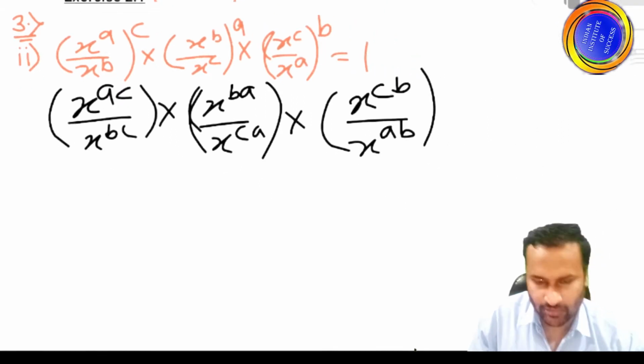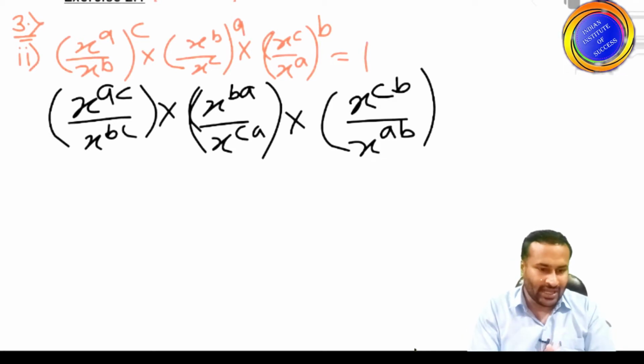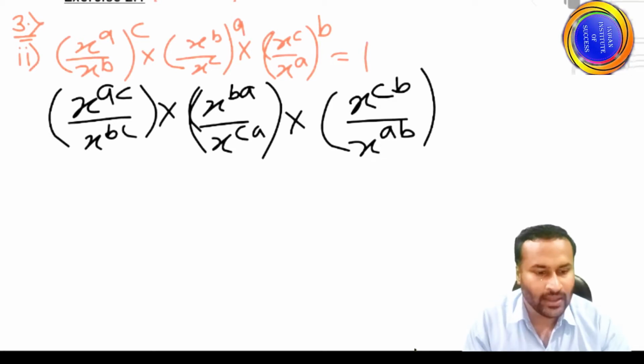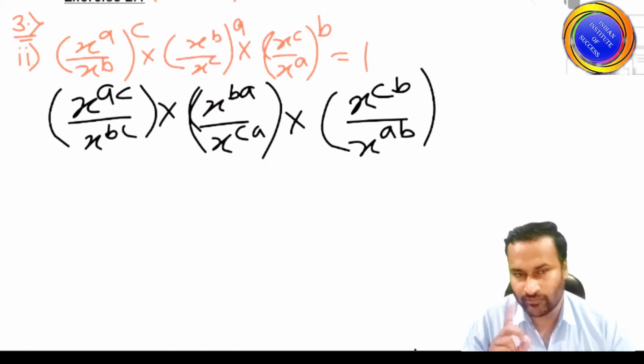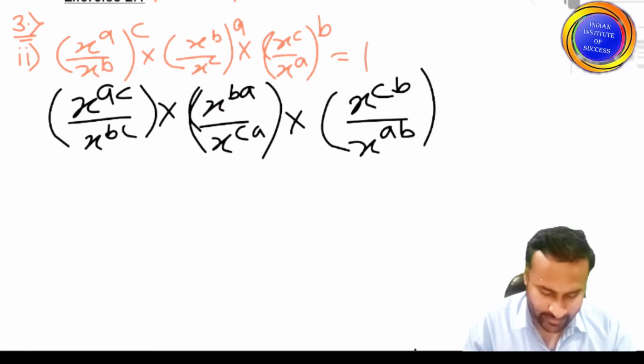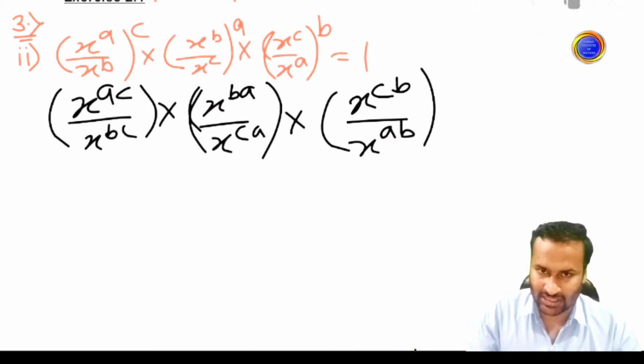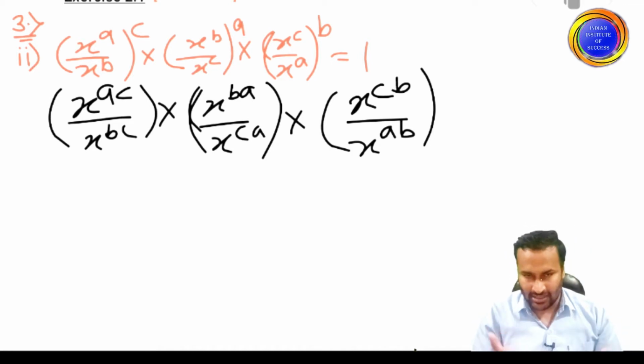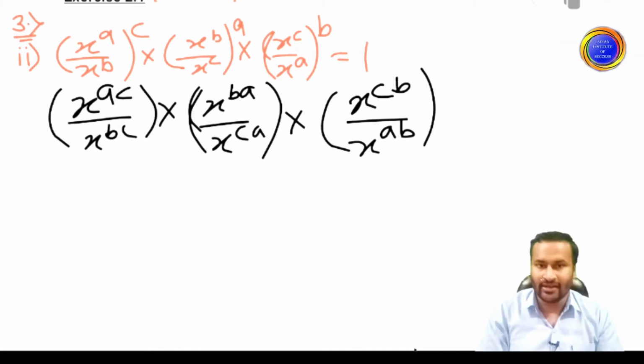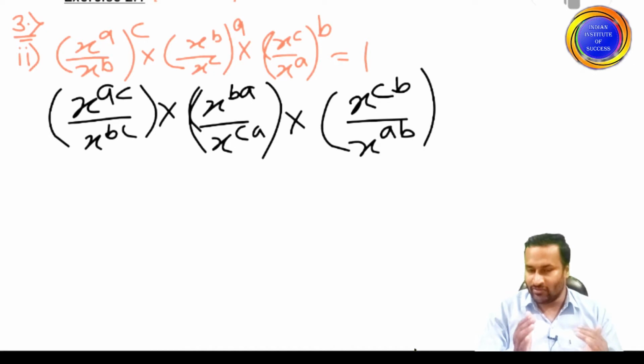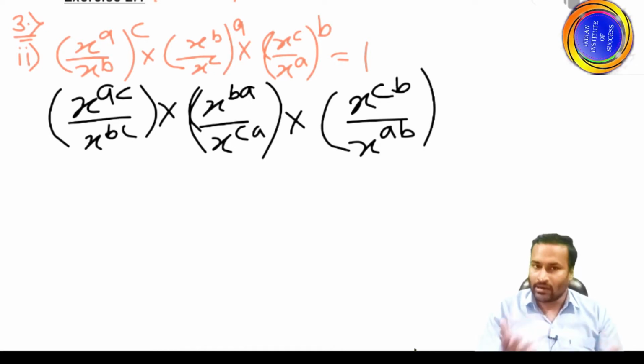Now we have to just multiply these terms. We all know that if bases are the same, when they are multiplying with each other, powers will add. If bases are the same, when they are dividing each other, powers will subtract.